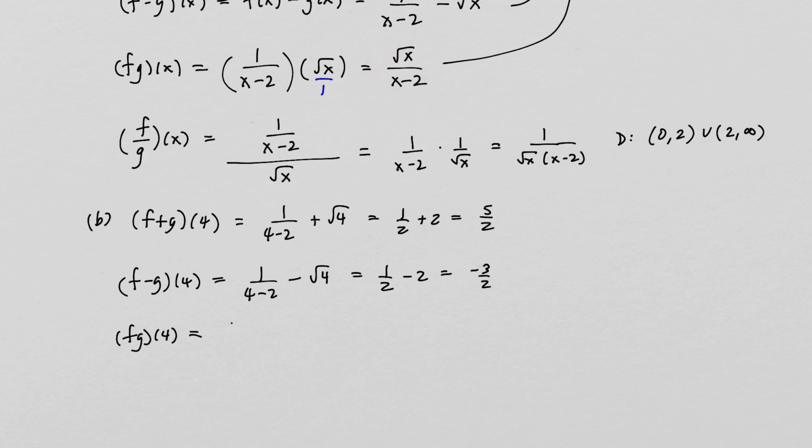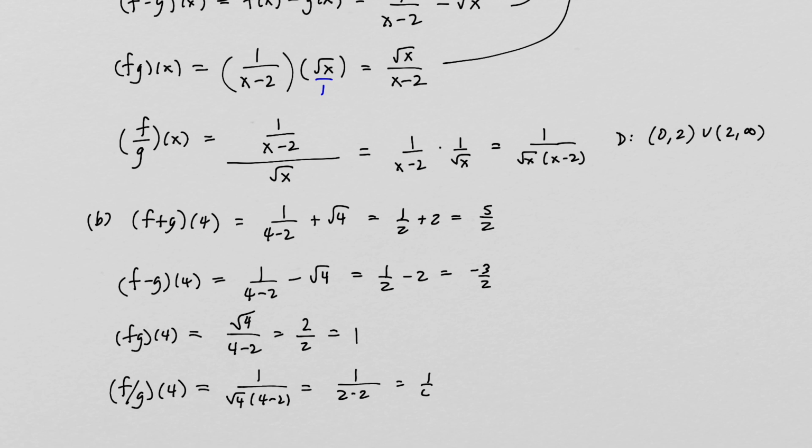So that will be the square root of 4 divided by 4 minus 2, which is 2 divided by 2, and that equals 1. And finally, f divided by g of 4 is just plugging 4 into here, and that will be 1 over the square root of 4 times 4 minus 2. This is 1 divided by 2 times 2, which is 1/4.